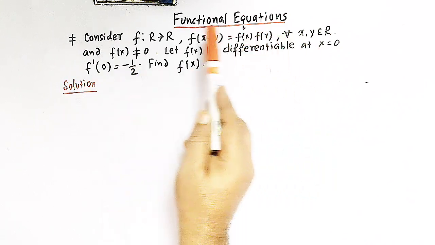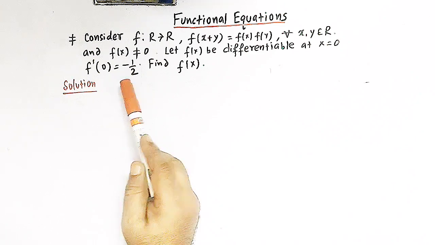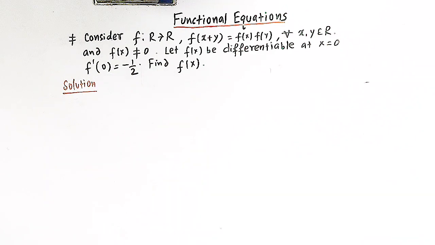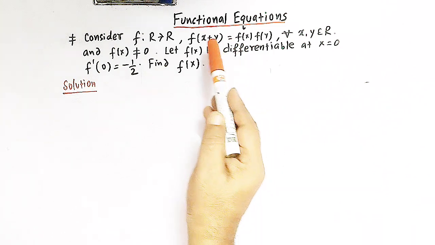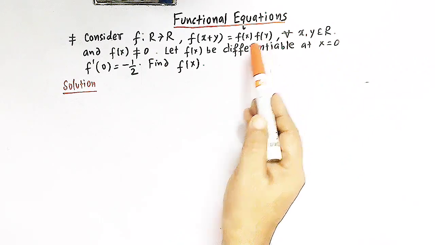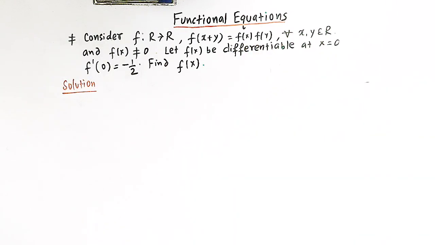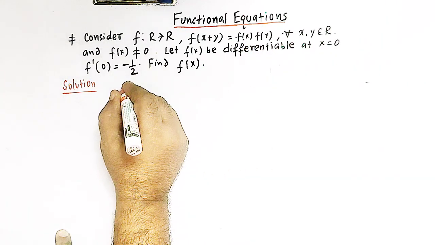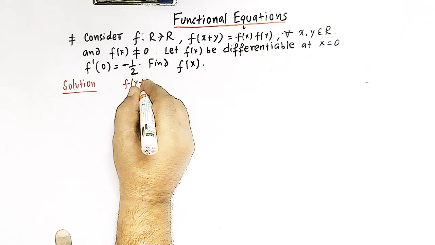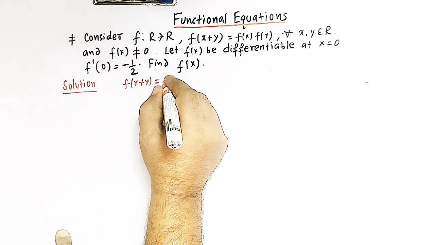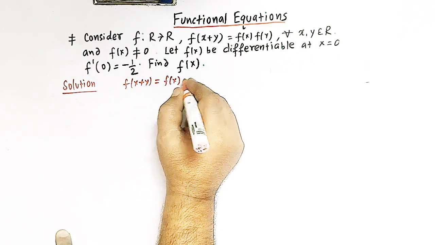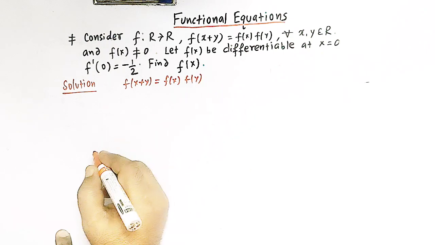So we are given all these conditions and we have to find the form of the function f of x, the function which satisfies this functional equation. The equation is f of x plus y equal to the product of f of x and f of y.